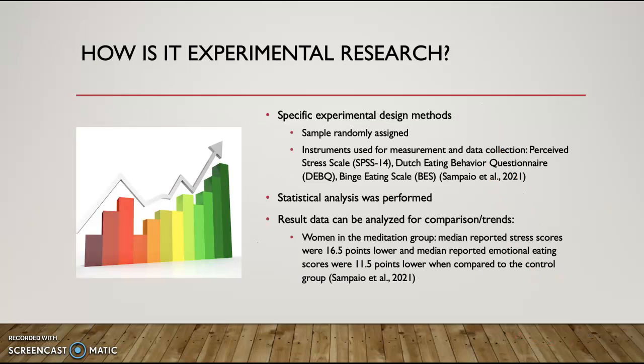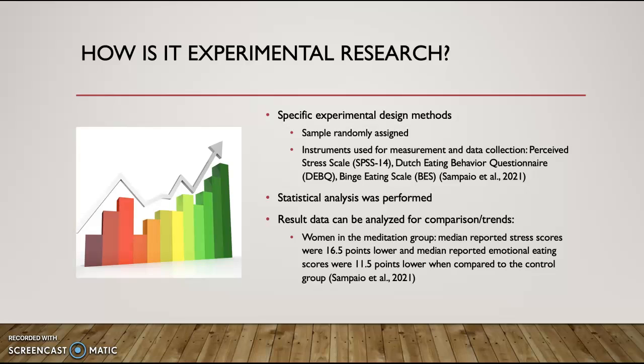In this study, there were specific experimental design methods present. First of all, the sample was randomly assigned to each group. Next, there were specific instruments used for measurement and data collection. They used the Perceived Stress Scale, the Dutch Eating Behavior Questionnaire, and the Binge Eating Scale, and these were used to collect the numerical data.